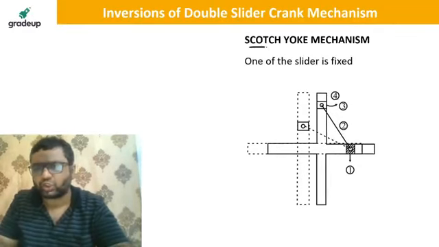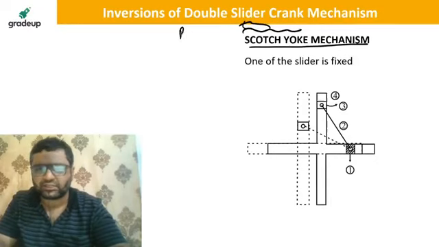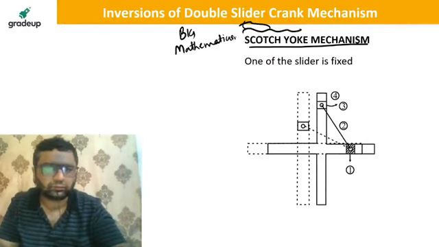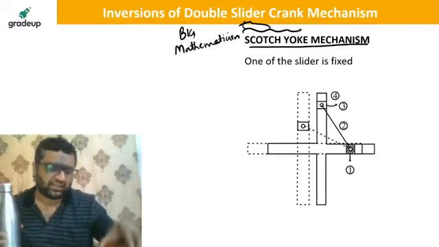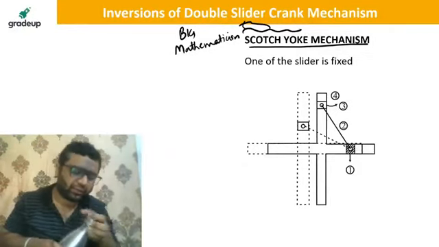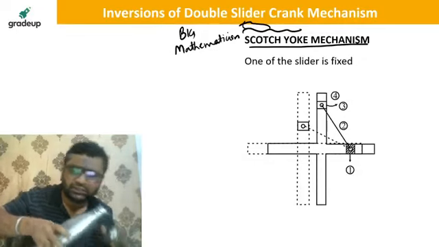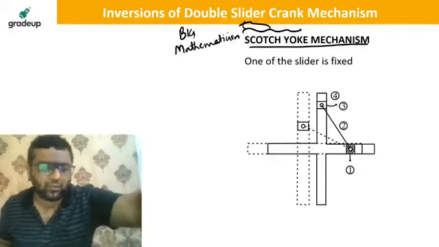Second, we are going to see the Scotch yoke mechanism. Again, they were big mathematicians. If we fix one of the sliders, we get this kind of mechanism. I am showing you manually, my dear, that will give you a better understanding of the mechanism, and this is very important for this year.